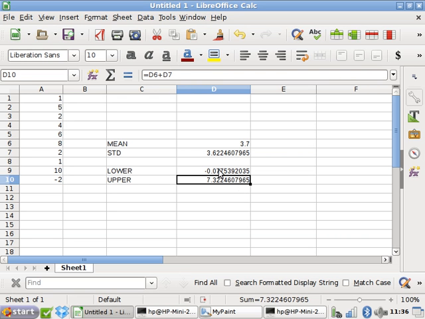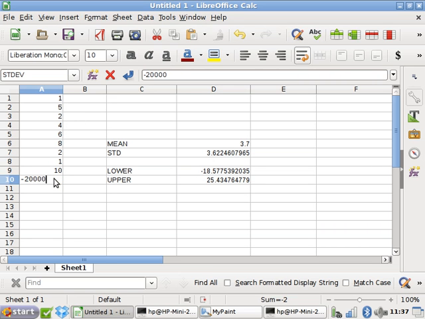Yeah. Okay, well, let's try if I do something like 6 standard deviations. Now, are all my numbers in it? Yeah. But what about if I do this now? Minus 20,000. No. Lower is 18,000 and upper is 36,000. The lower one is still too big.